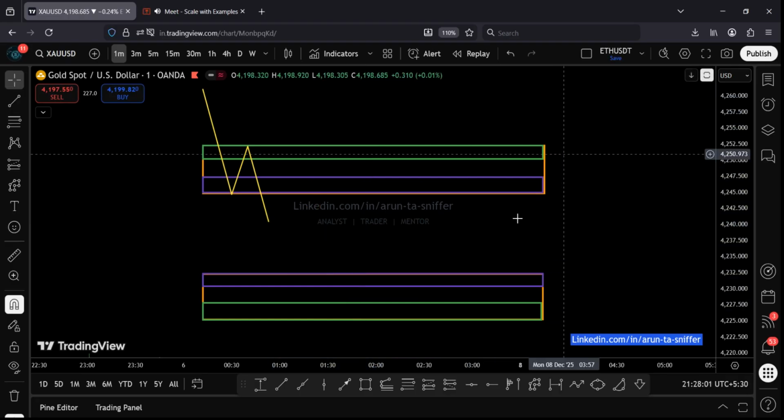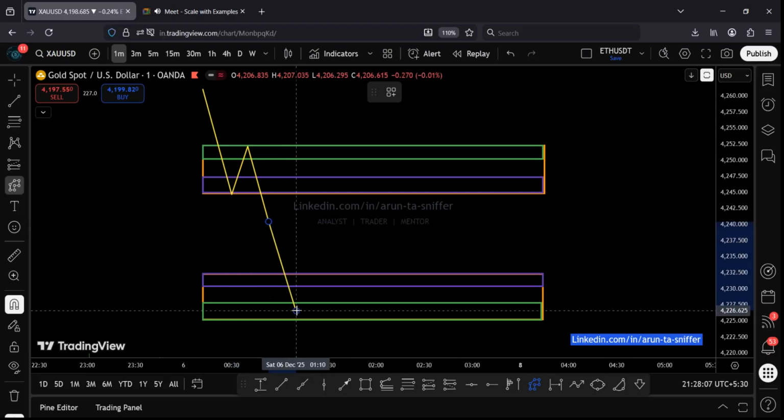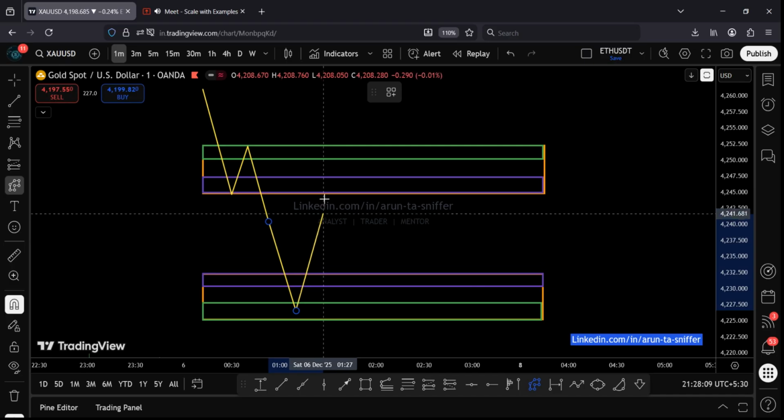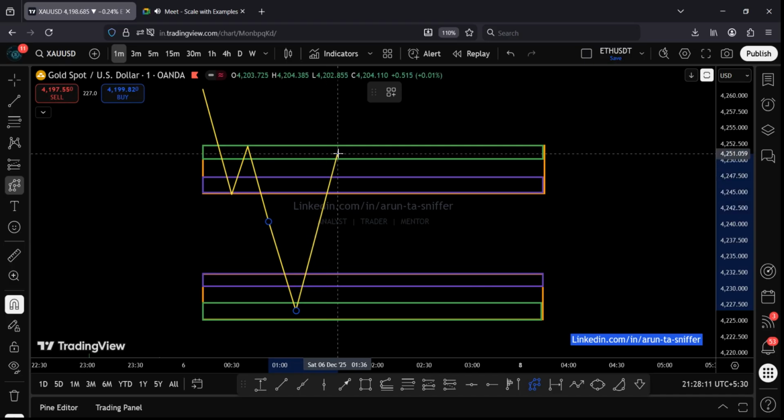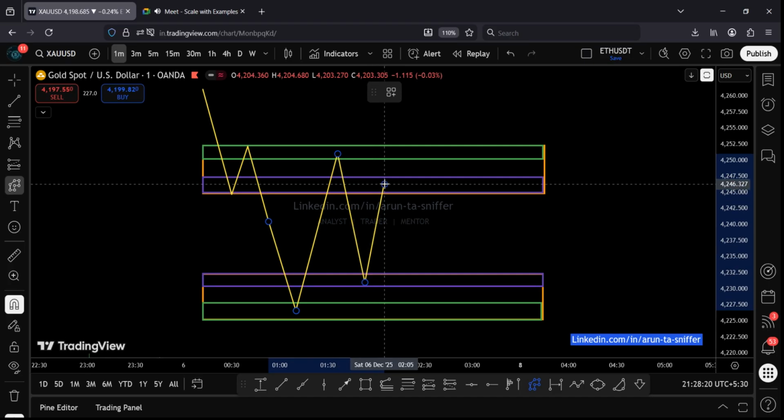Also, this can happen. Price comes back to MPL, does not engulf this zone, goes back to the MPL, then comes back to the RS, and then goes back to the RS. Sometimes you see this structure as well, right?